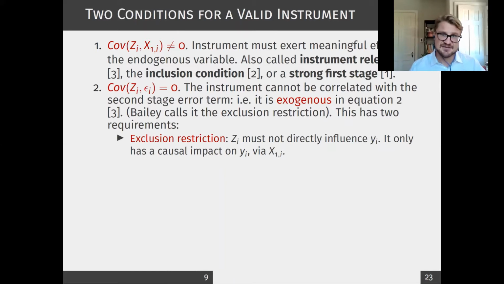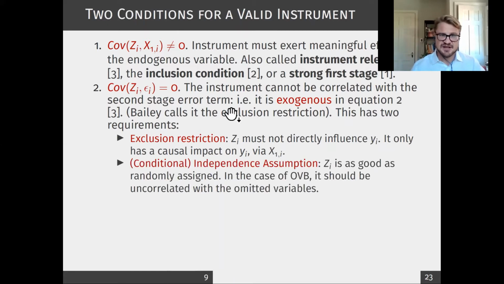The second restriction here is the conditional independence assumption, which is basically saying that this new instrument should be as good as random, basically.